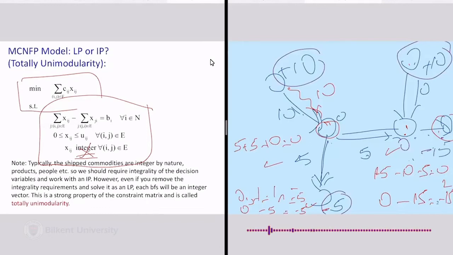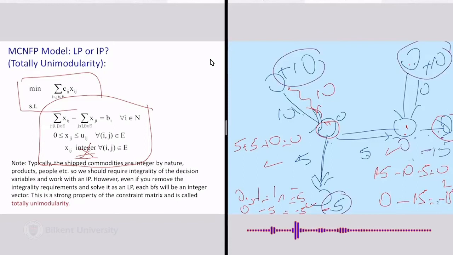So we're going to treat these guys as if they were linear programs, which is called LP relaxation, actually. So we solve the relaxed version of the problem, with just the LP version, and luckily, we end up with integer solutions. It's not luck, because actually MCNFP has a very important and nice property, which we call total unimodularity.